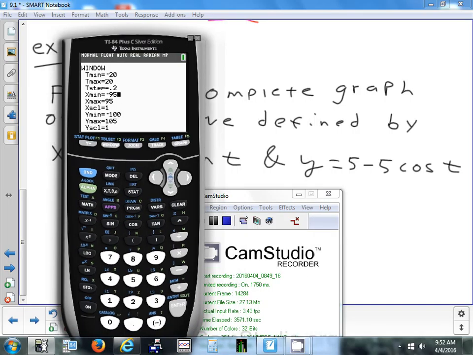And what about my y values? What's the biggest cosine ever gets? 1. What's 5 times 1? 5. And what's 5 minus 5? 0. What's the smallest cosine gets? -1. What's -5 times -1? 5. Positive 5 plus 5? 10. So the y's are going to be between 0 and 10.